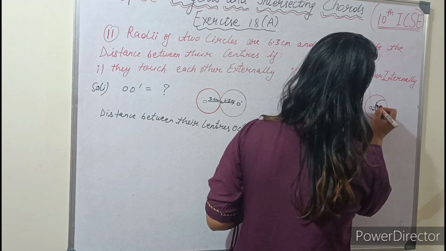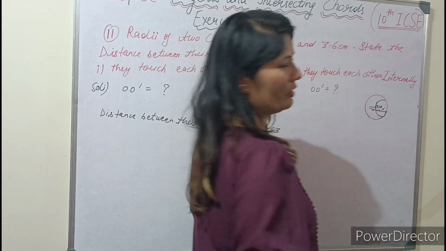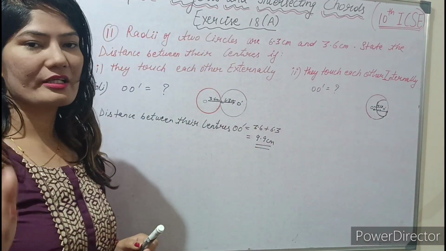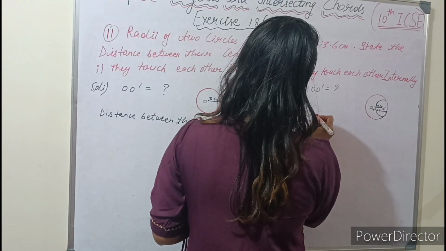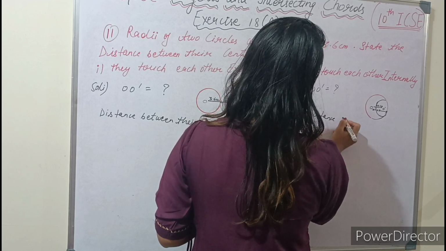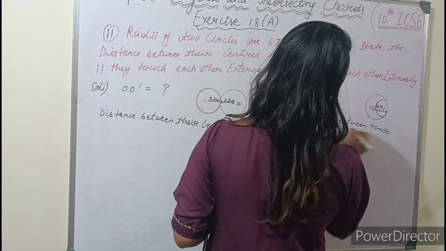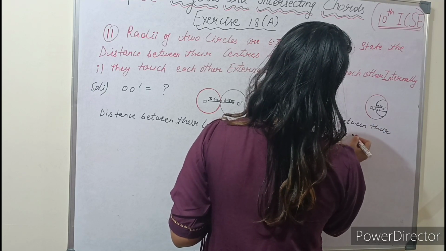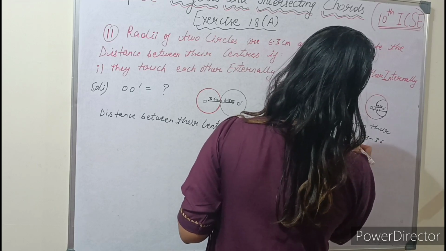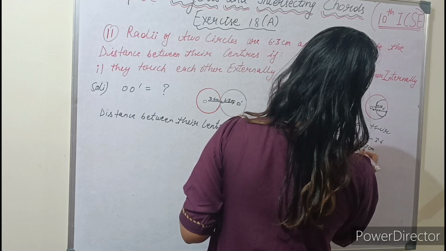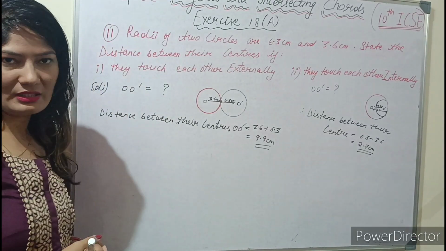So you have to find the distance OO dash. It's very obvious: the radius of the big circle minus the radius of the small circle. Therefore the distance between their centers is equal to 6.3 minus 3.6, that is 2.7 centimeter. So this is the distance between their centers. So this is question number 11.